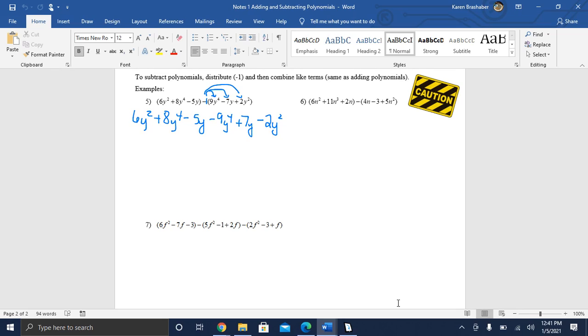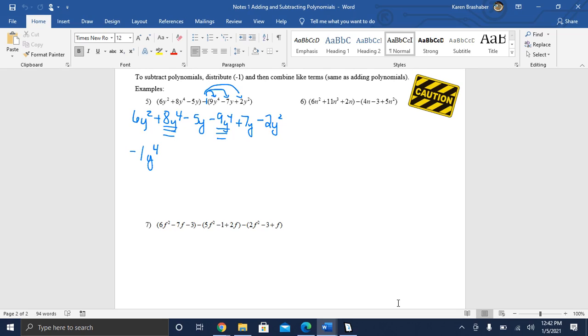So then you can combine your like terms. Now this one, the 8y to the fourth is not listed first, but it's the highest exponent, and so that's where I'm going to start. So 8y to the fourth combined with negative 9y to the fourth will give me negative 1y to the fourth.